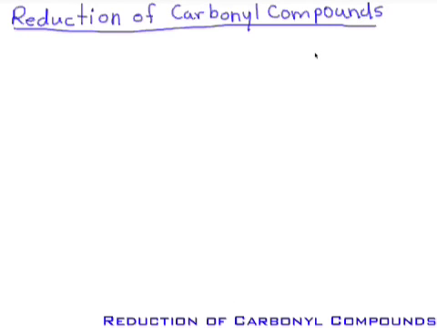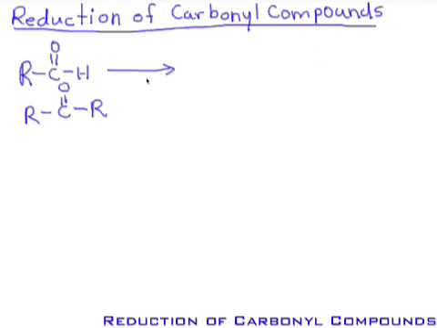Now, it turns out with proper reducing agents, both aldehydes and ketones, and I usually use, it's very common in textbooks, H in square brackets. That just simply means reducing agent.